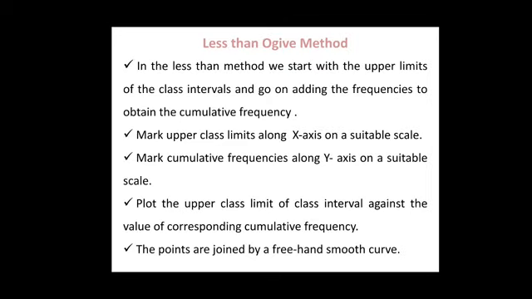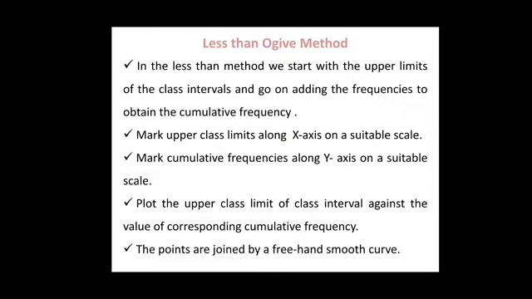Let us first discuss how to construct a less than Ogive. Students, we know that in a class interval there are two limits. First, the lower limit of the class interval, and second, the upper limit of the class interval.